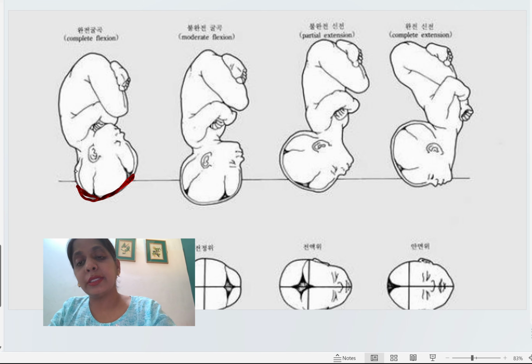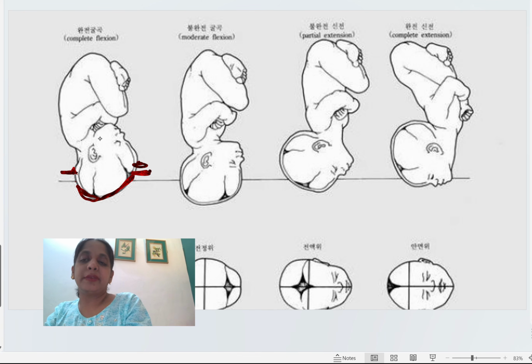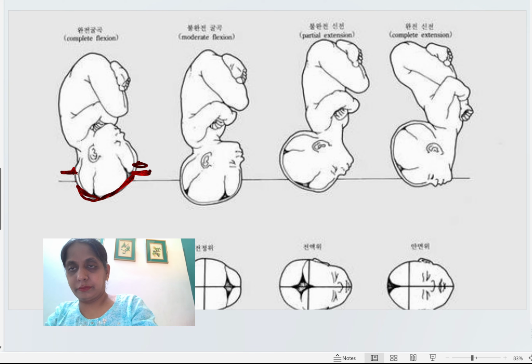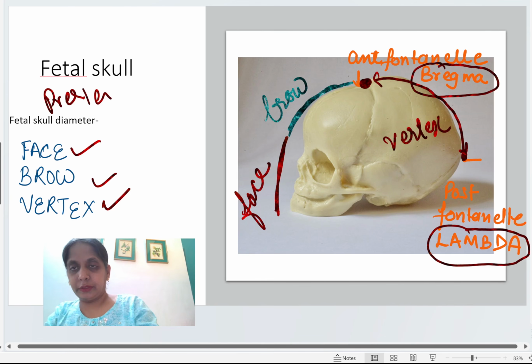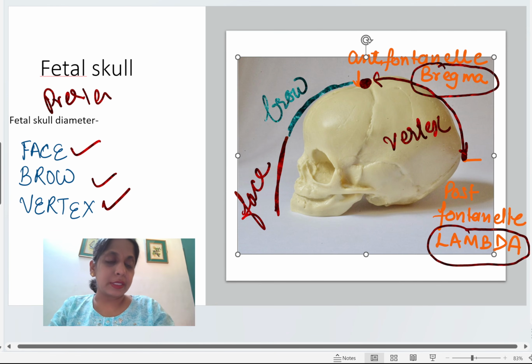Now here this is suboccipito. The area which has entered the pelvis is this. Okay, but which diameter does it enter? This is the fetal skull.